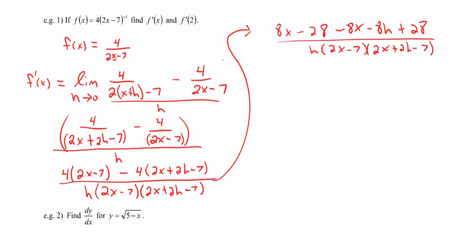Okay, this is going to work out nice too, isn't it? Because I've got positive 8x, negative 8x, I've got negative 28, positive 28.